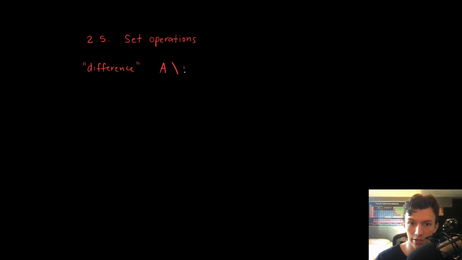They're not operators on a family of sets. They have to be operations because of the way that they're defined. The first one is difference. This is written as some set backslash another set, and it could be read as the difference of A and B or A minus B. And then the one after that is the Cartesian product.